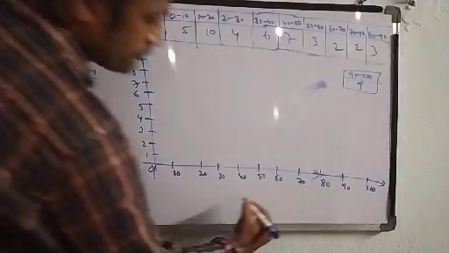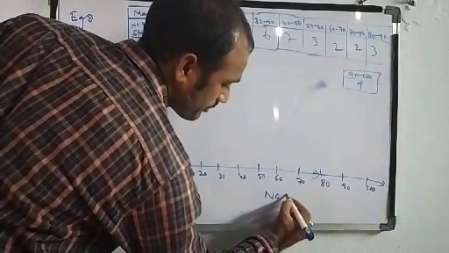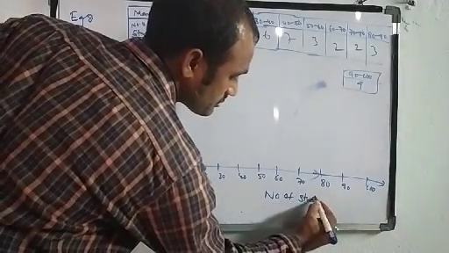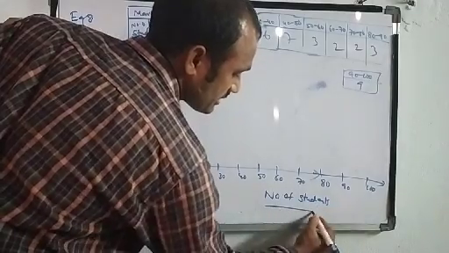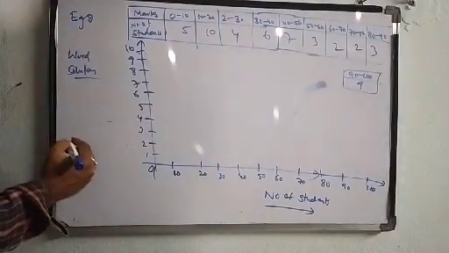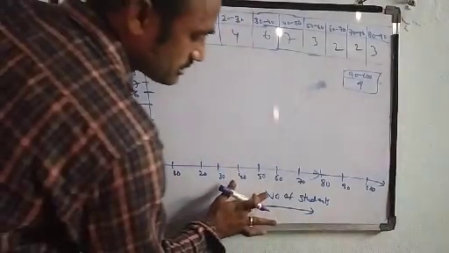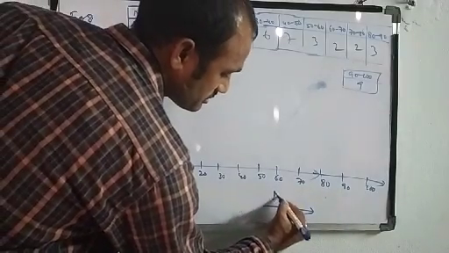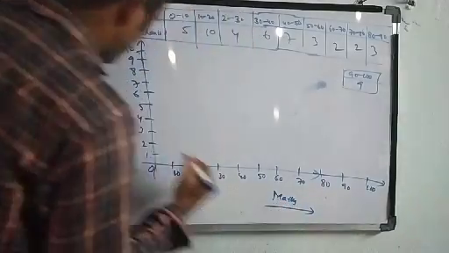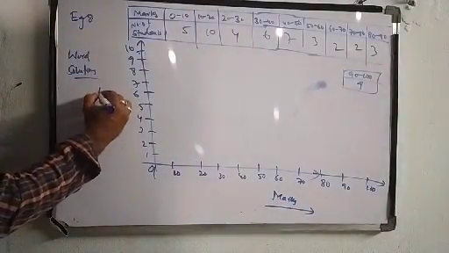So these are the marks on the x-axis, sorry, these are the marks, not number of students, and here it is number of students.